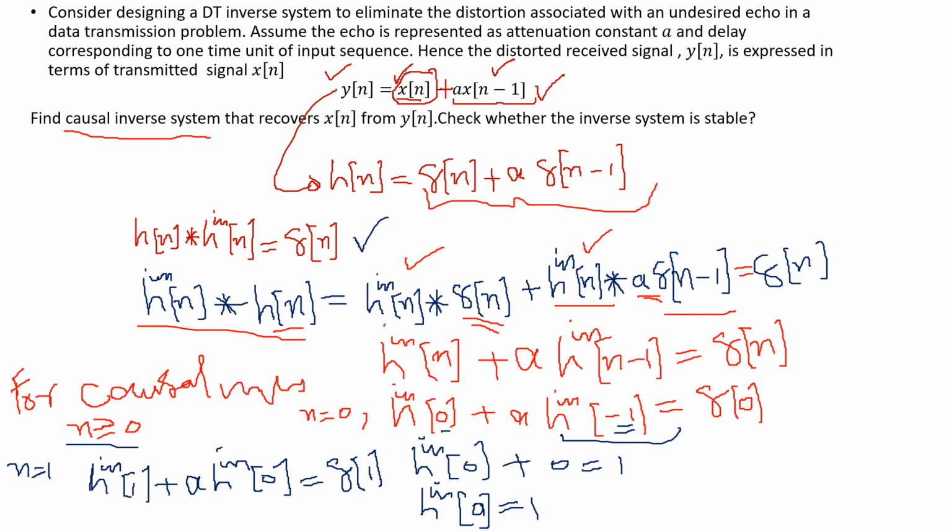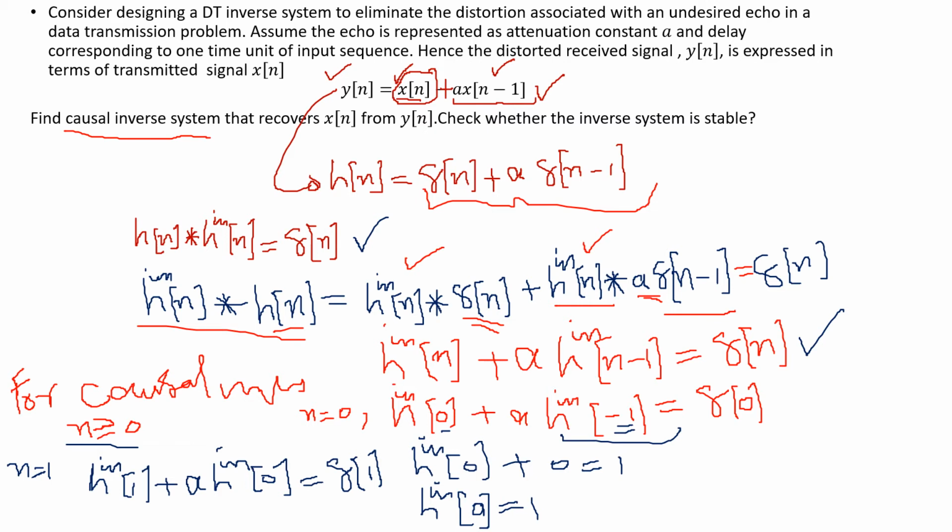Okay, so h inverse of 1 will be plus a, right? You understand, I am putting different values for n in this equation. First I put 0 and I got this one, and then I put 1 and I get this thing.